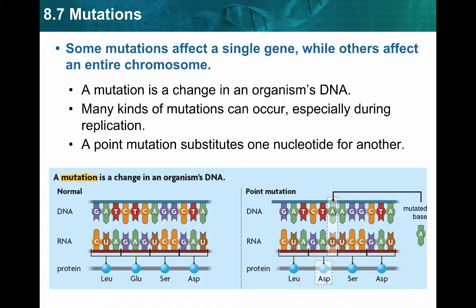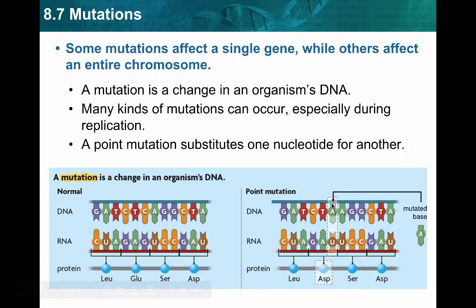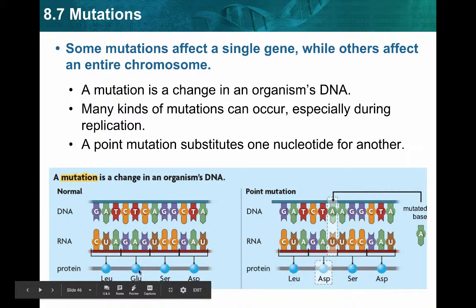gene mutations. A specific type of gene mutation where we're substituting one nucleotide for another is called a point mutation. If you look at this image down here, our original base was C and G. Well, the mutation replaces that C and G with an A and a U. And if you notice what it does to the amino acid there, it should be glutamine, but with that mutation, it's asparagine.